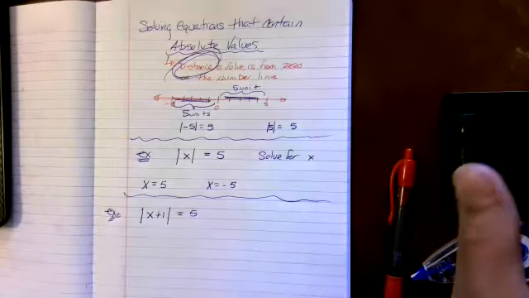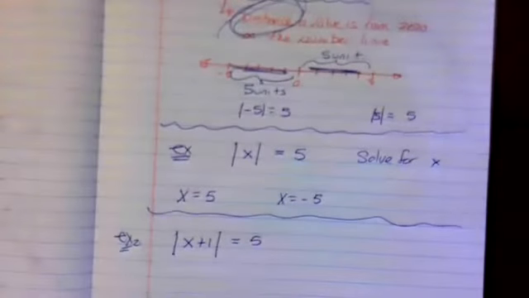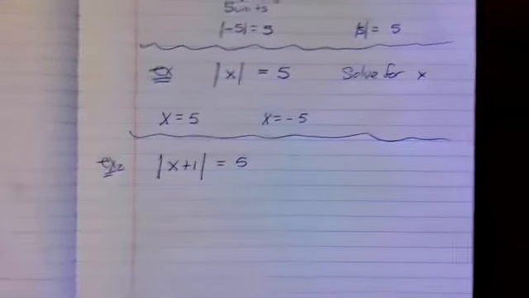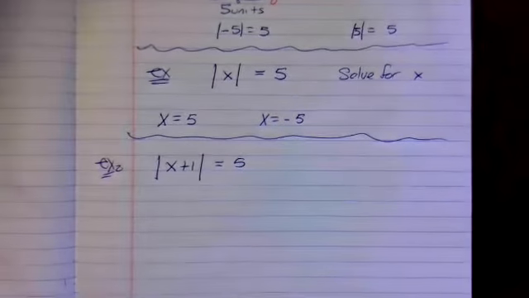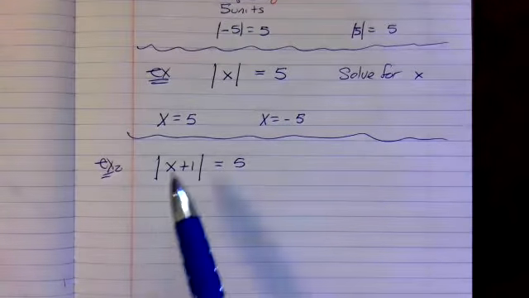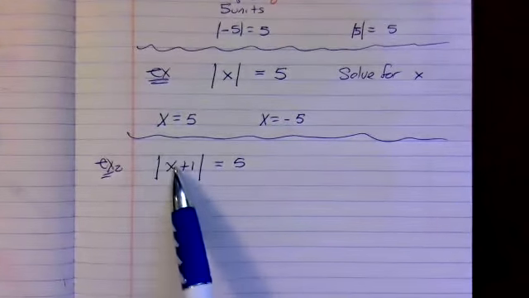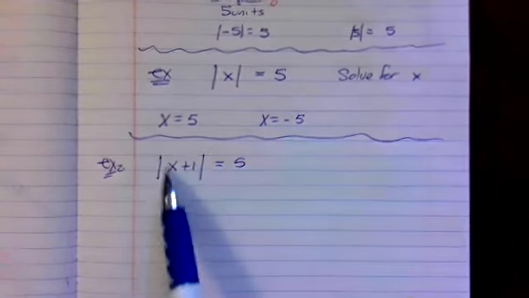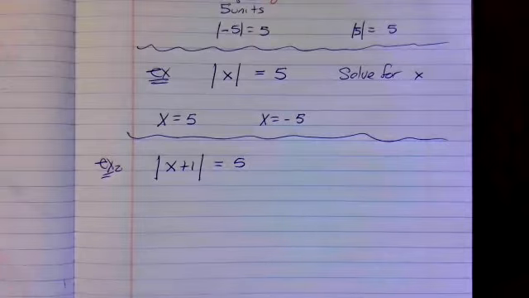This example is a little different. It's not very much different, right? In this example, this value in here is equal to 5, or this value in here is equal to -5.